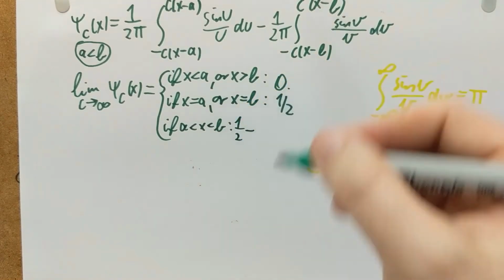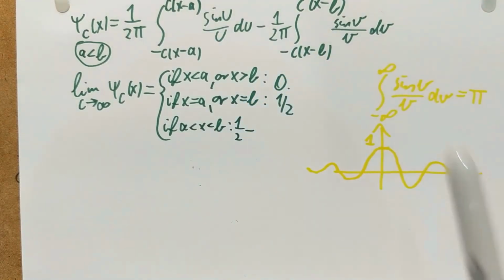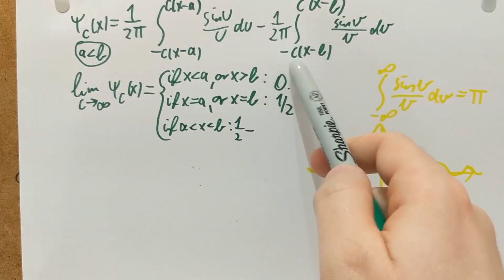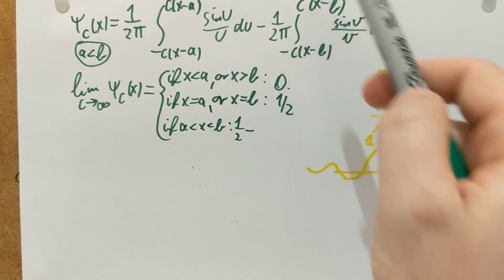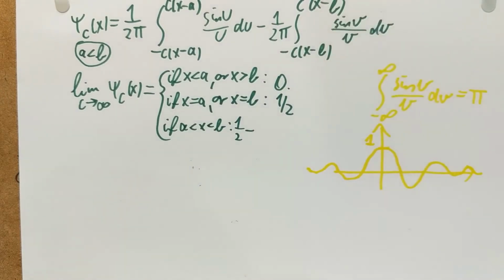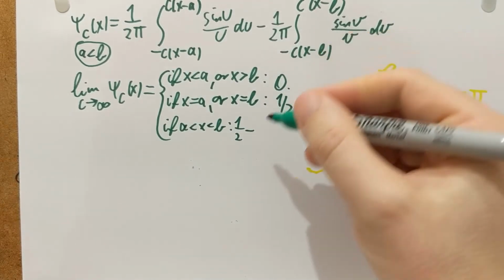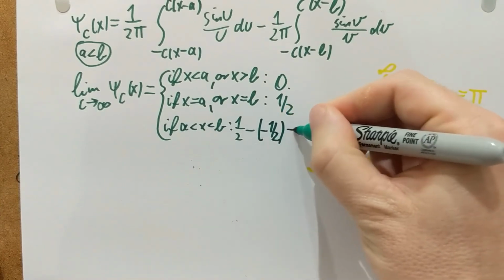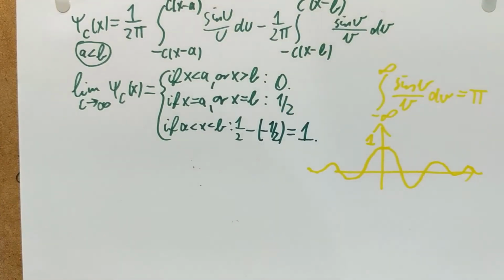And then I subtract the integral from, so x minus b is negative, so this gives me a positive infinity, this a negative infinity. Going from positive to negative infinity with this integral gives me minus pi, but there is another minus in front, and a 1 over 2 pi, so that gives me a minus negative 1/2. In total I have 1. So this phi of c has a nice limit as c goes to infinity.